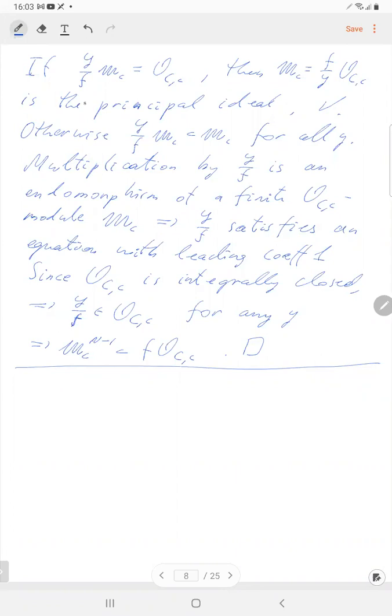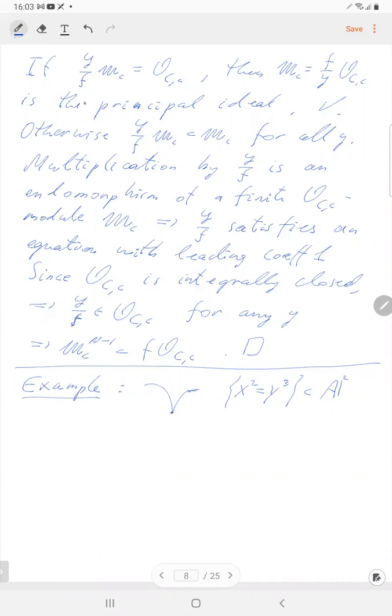Maybe let me say the most stupid example. This cuspidal curve given by x squared equals y cubed inside A2. And so what is bad about this point?